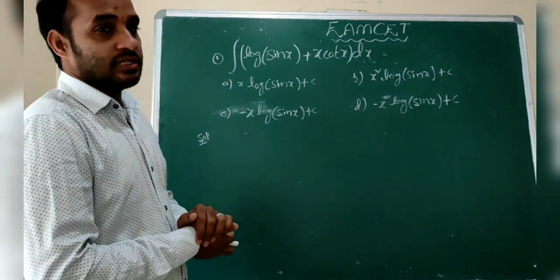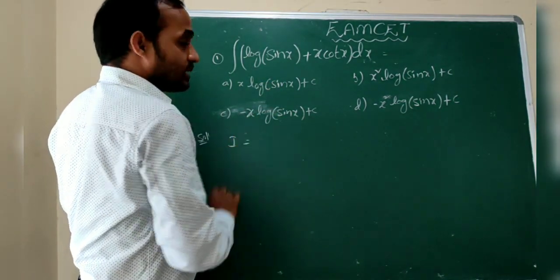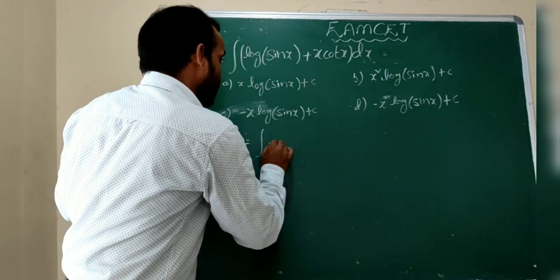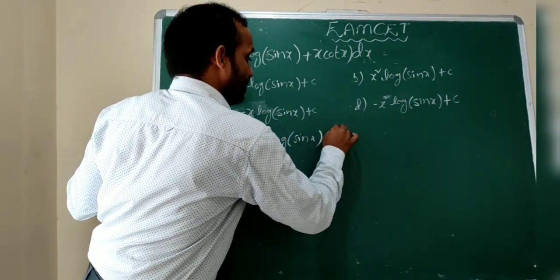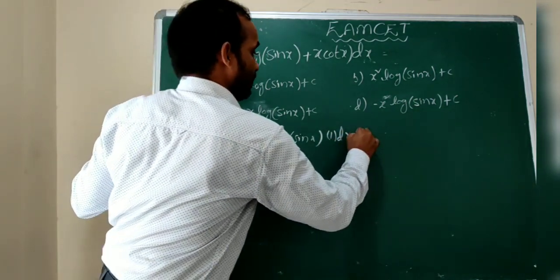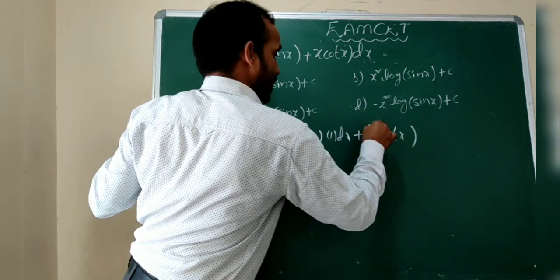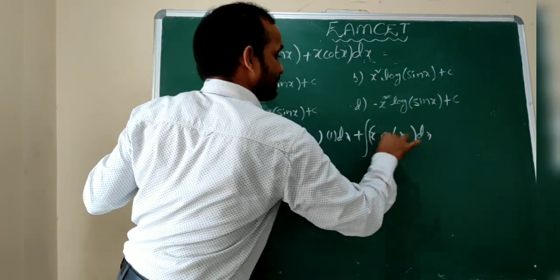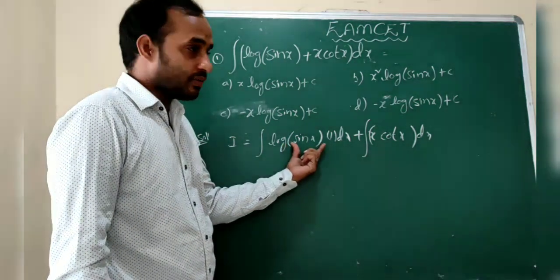So by the way, first, how to eliminate here: capital I is equal to the integral of log of sin x, that is, of (log sin x) times 1 dx plus cot x dx. So by the way, here the UV method we can apply.